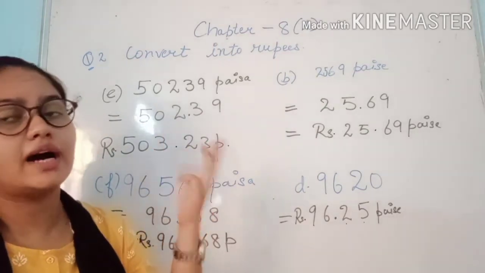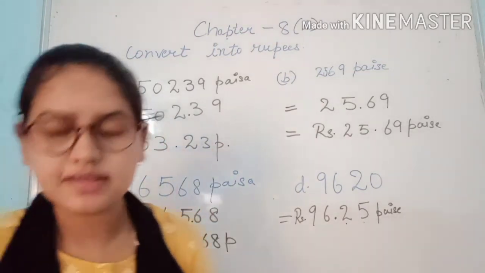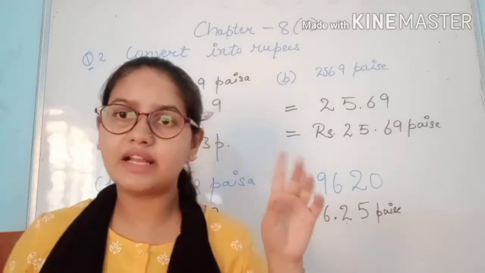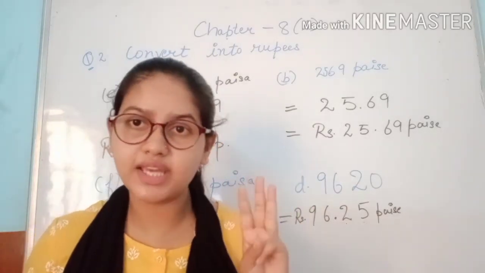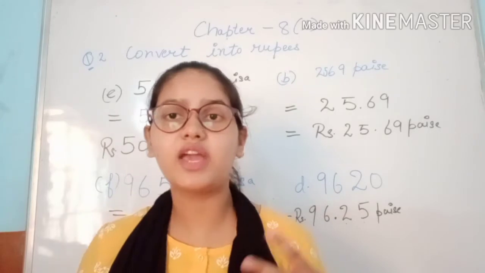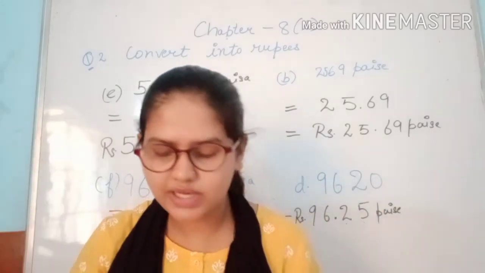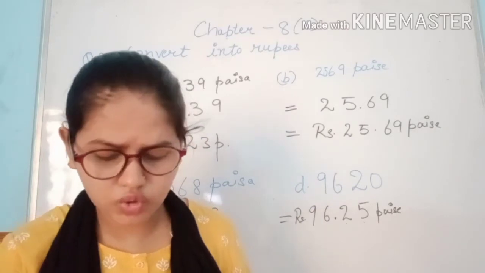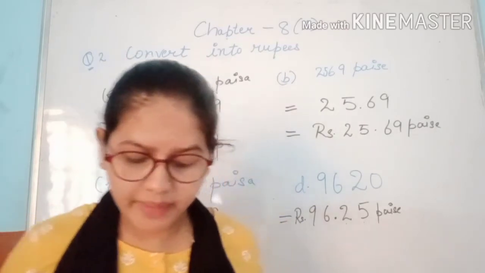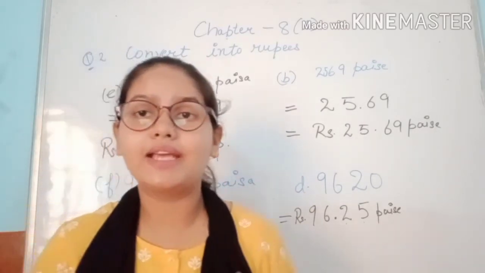Now we will do the third part of exercise 8A. We have done our first part and second part also. In the third part we have to fill up the blanks. So the first blank is rupees 10 dash paise.